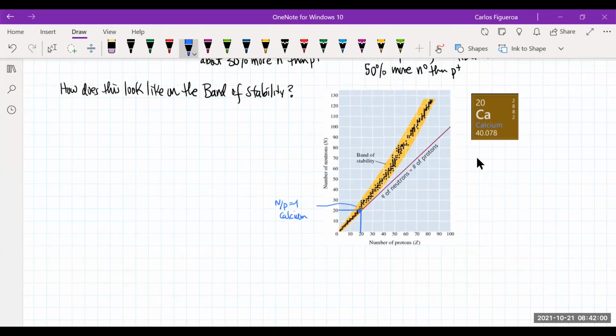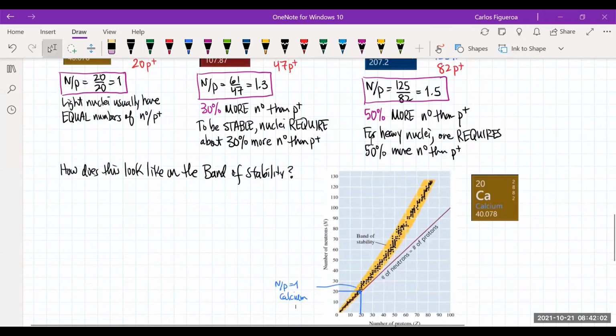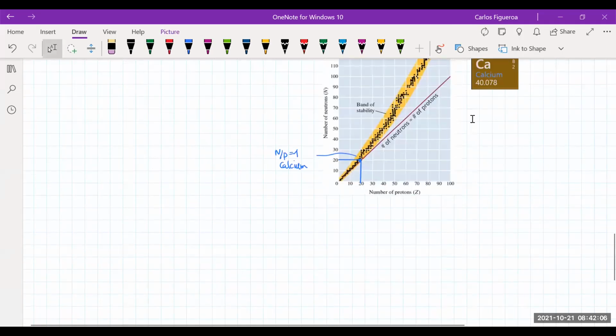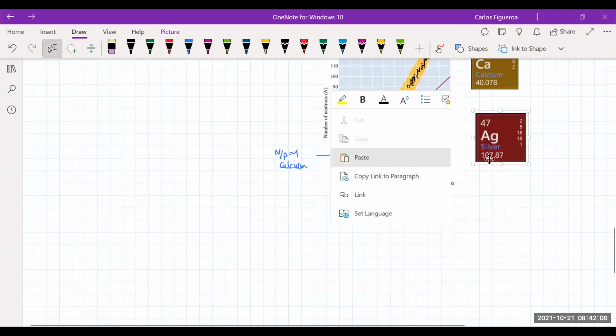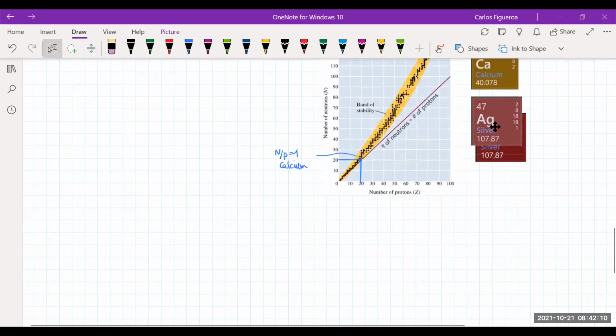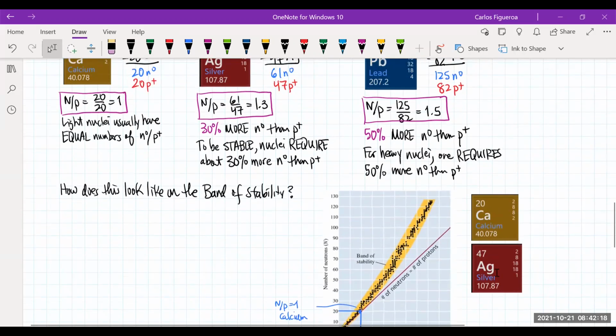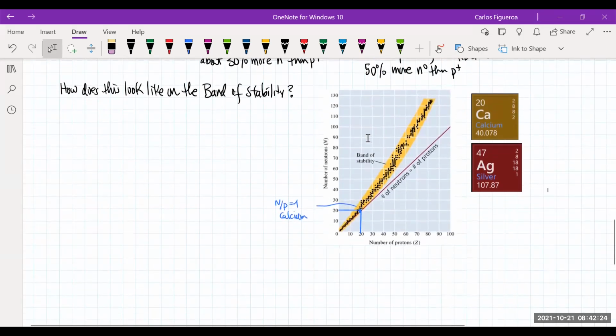And then I go look at the next atom. The next atom is silver. If I look at silver, I look at that ratio here. The numbers here are 47 and 61. So let's go to 47, and I'm going to kind of guess here.